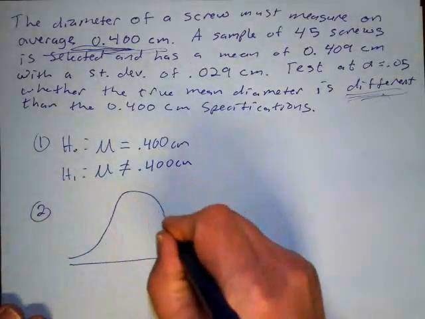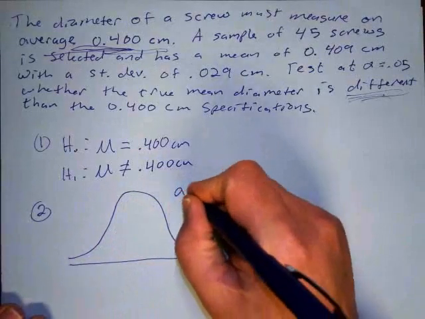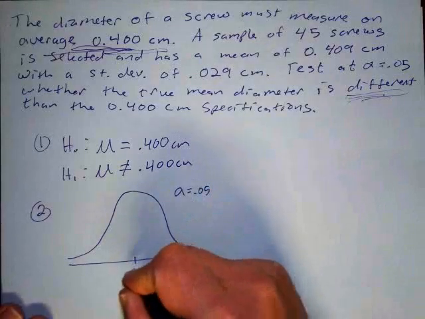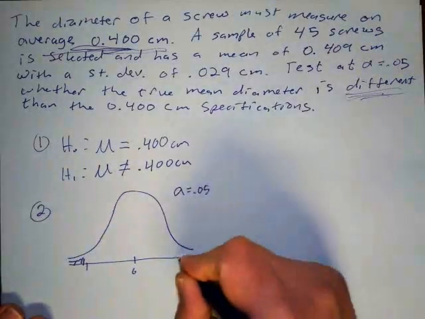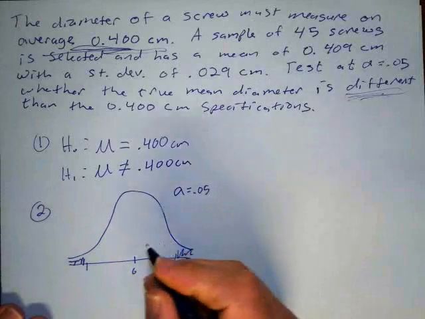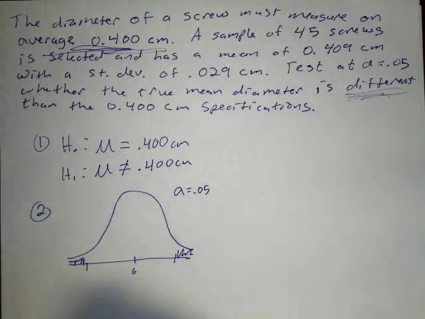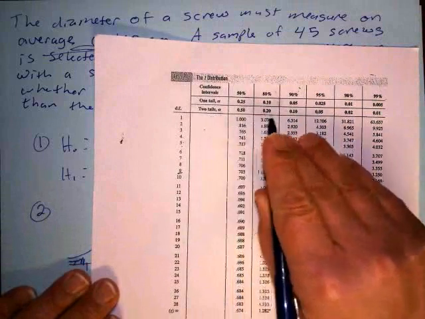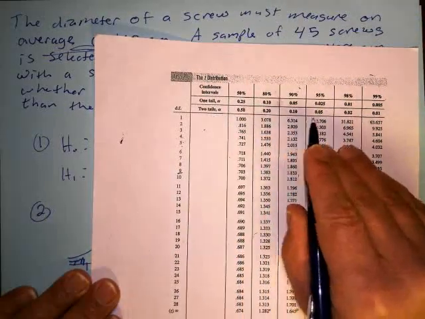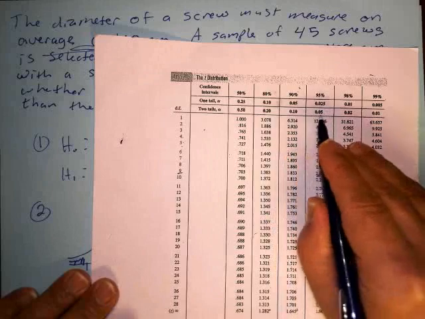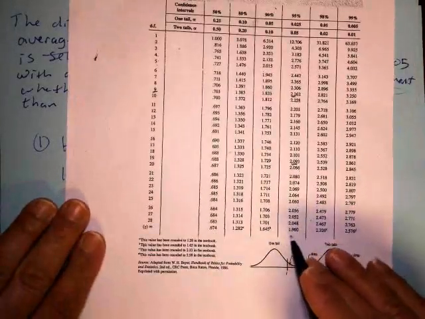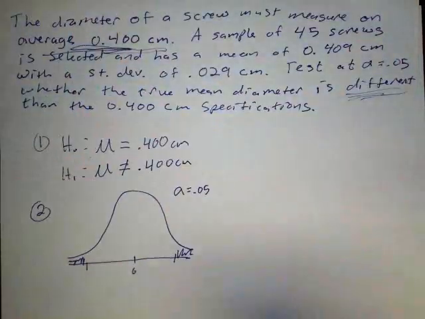So when I set up my rejection region here, I have a two-tailed alpha of 0.05. So I'm going to shade two tails here, and I'm going to go to my t-table. But now the important thing here is this is a two-tailed alpha, so I'm going to look at this row for 0.05, and I see it right here, and then I go to the bottom, and then my critical z value is 1.960.